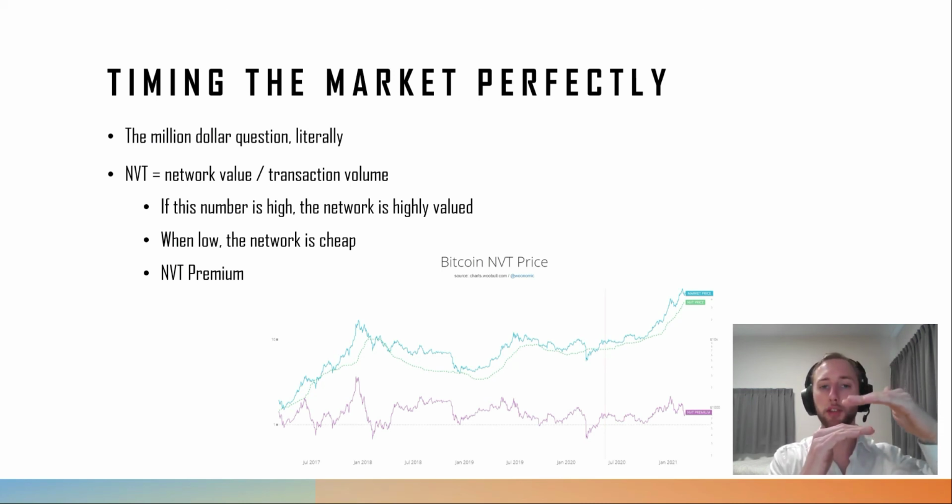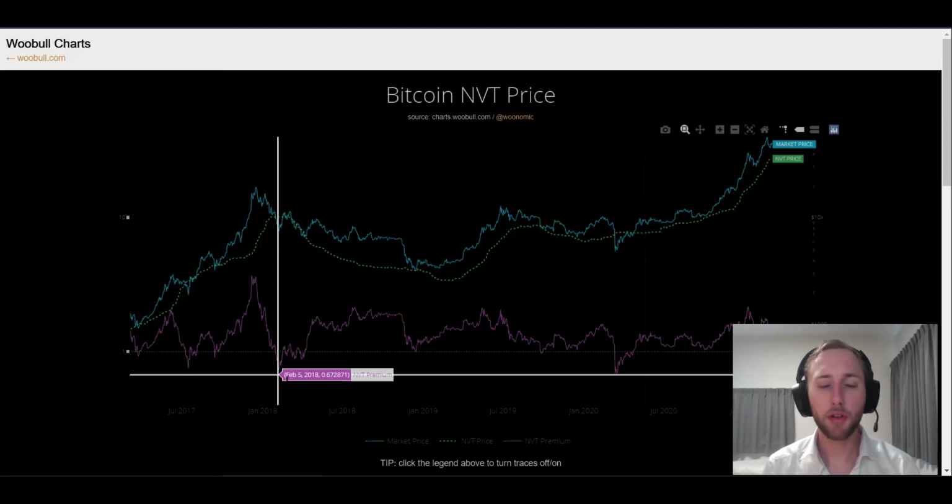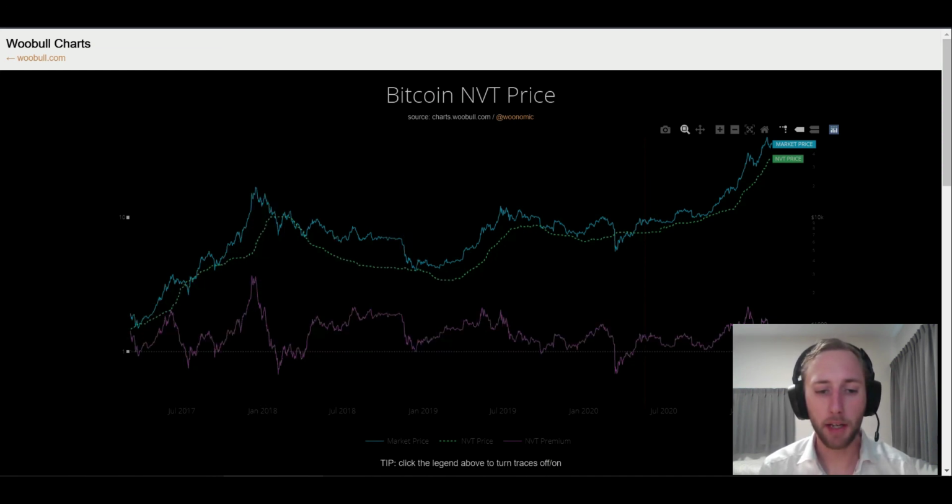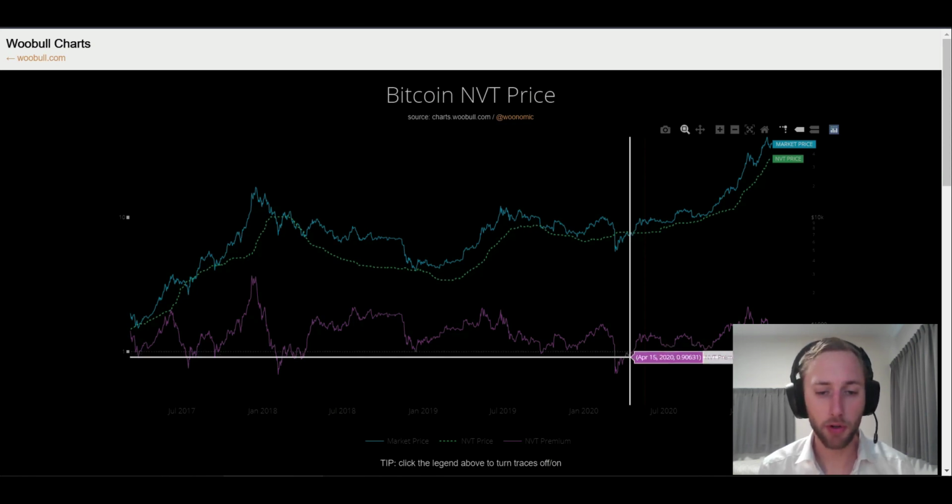Let's say the price of Bitcoin is lower and the amount of transactions is higher, the ratio is smaller, so the network is undervalued or underpriced. So here we have Willy Woo's NVT price. The purple is the ratio, and you can see that when the ratio drops below this line, there's generally very good buying opportunities.